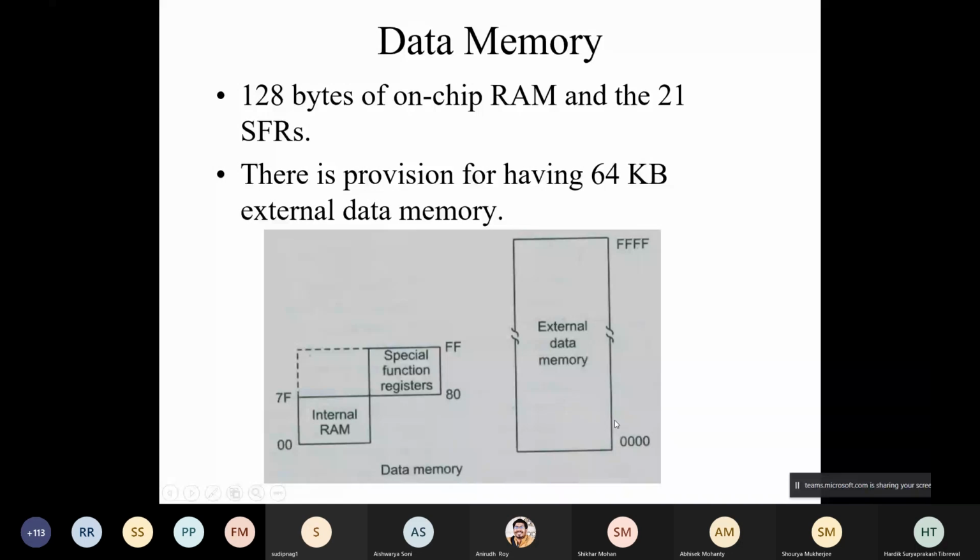Data memory may be addressed by using 8-bit addresses, like 2-digit hex addresses, or if you are using the data pointer, then this could be a 16-bit address for accessing external data memory. So you have to remember certain rules before programming the microcontroller.